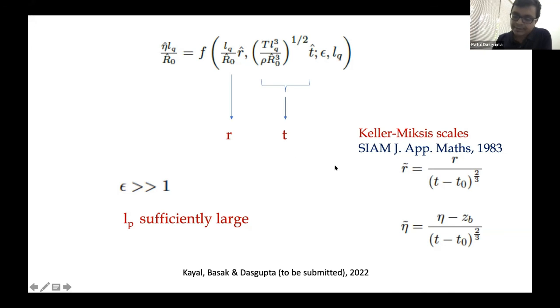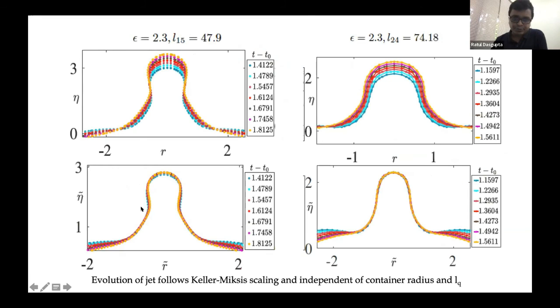And the evolution in time happens in the same manner, independent of what length scale you put in the initial perturbation. Now here it is not exactly the same, because although I told you that this and this combined together in a narrow window of space and time, if you look at these pictures of collapse, these are two different values of L, 15 and 24. And if you look at the self-similar shape, it is not completely the same. So initial conditions are not completely forgotten.